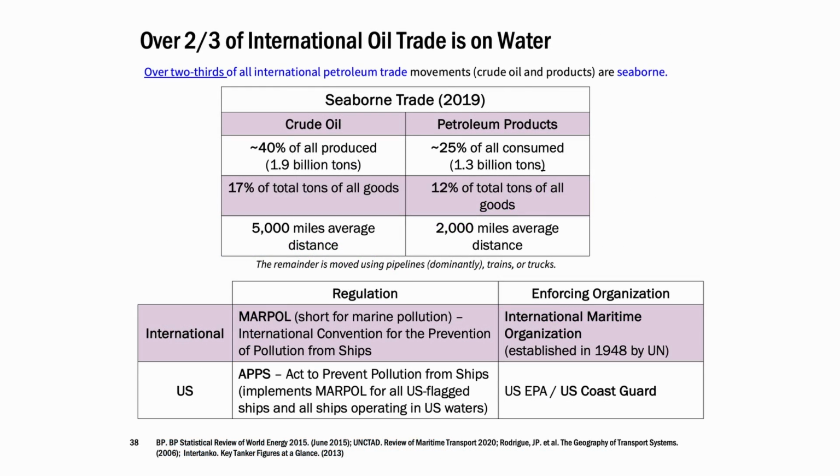All right, so we're moving this crude oil over water primarily. We do some with the petroleum products. It's just giving you some of the stats on that and how far they're moving. The organizations that really regulate this kind of international trade on these ships are things like MARPOL, which really is around the marine pollution.